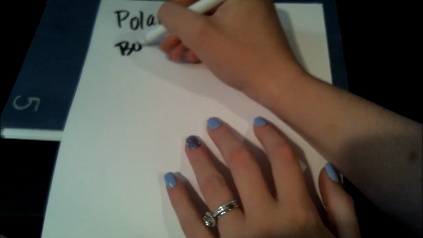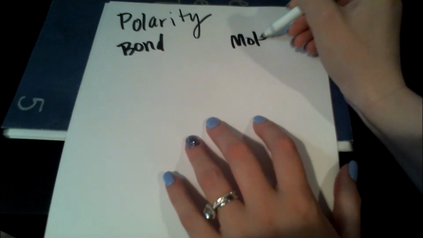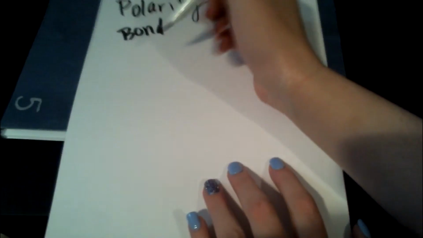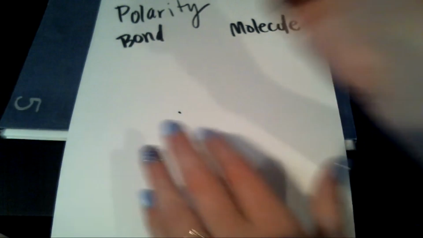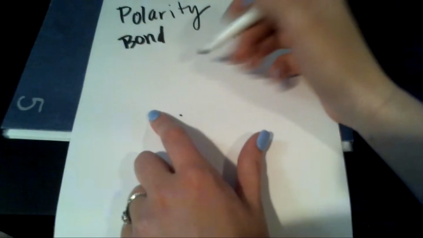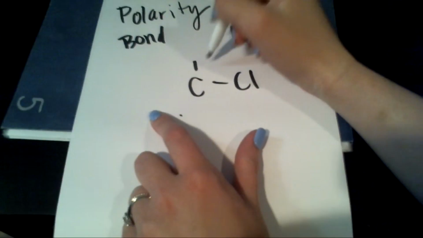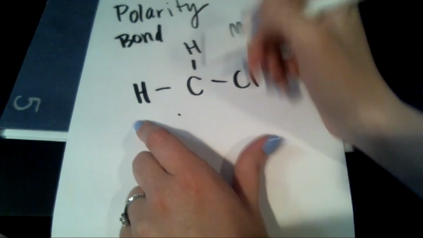All right, so polarity. Just pausing, waiting for everybody to come in. There's 2 types of polarity. We have bond polarity and we have molecule polarity. For bond polarity, let's say we are looking at a molecule of chloromethane.